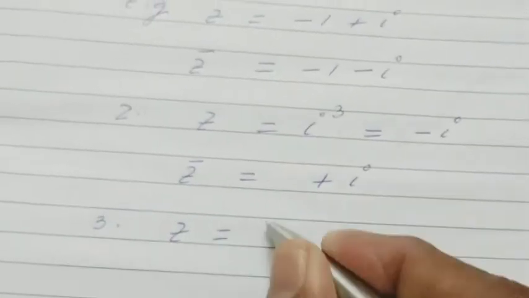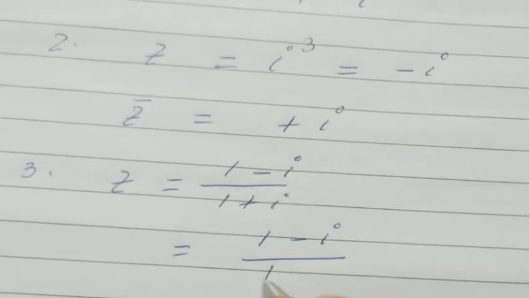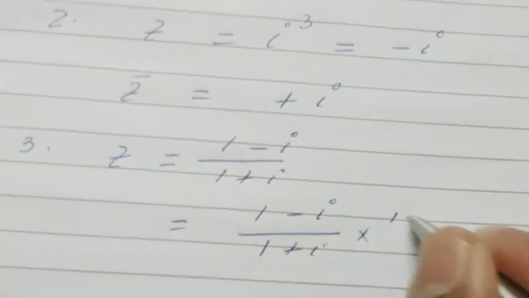I'm going with the third example. z is equal to 1 minus i upon 1 plus i, and we have to write down the conjugate. What will we do? First of all, we make it a standard form. So we rationalize it like this: multiply by 1 minus i upon 1 minus i.